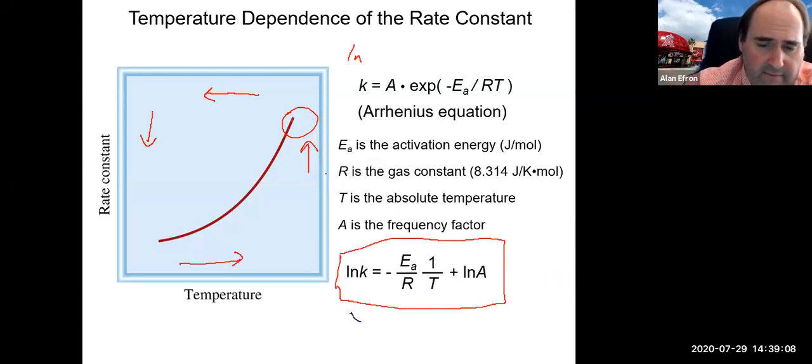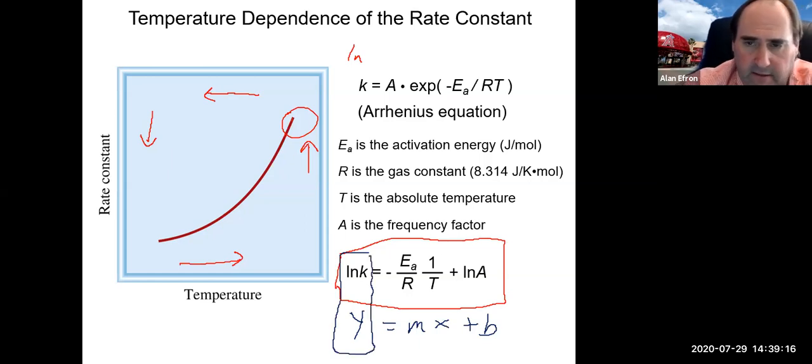This is in the form of y equals mx plus b. So a very typical plot, which we'll see in just a second, is that on the y you plot the natural log of k, and on the x you plot 1 over the temperature in Kelvin.